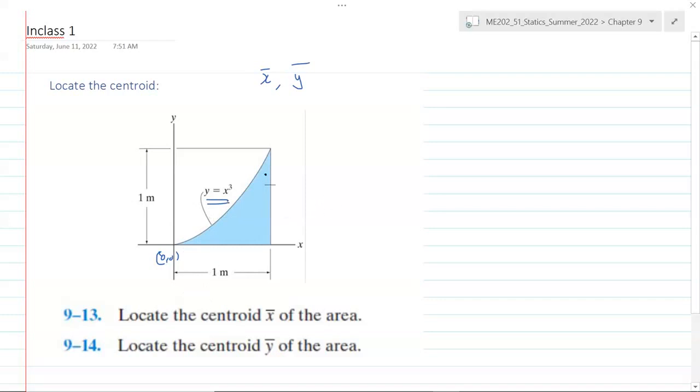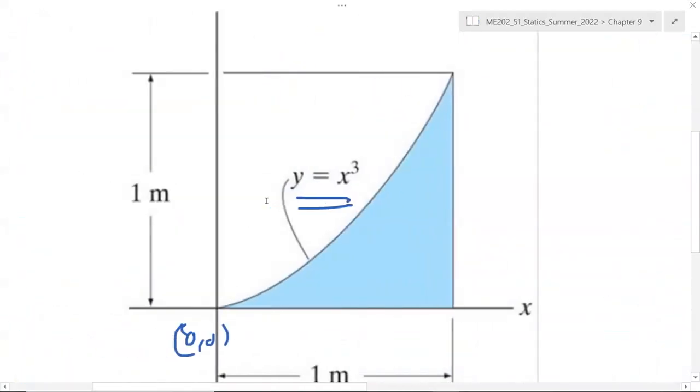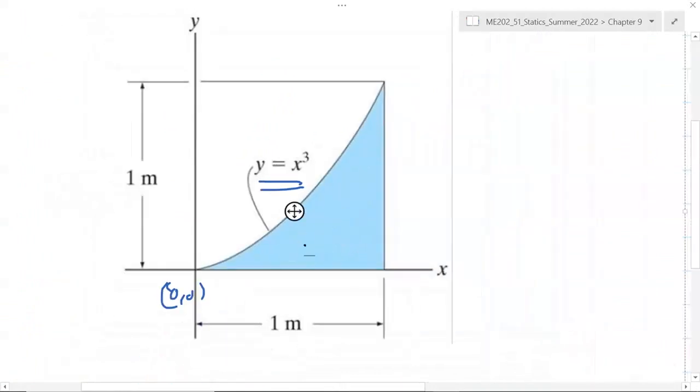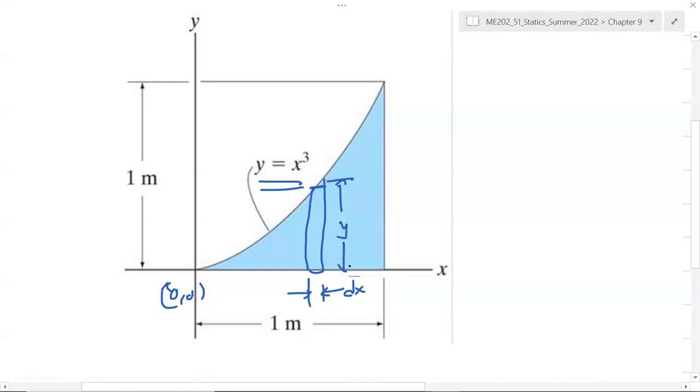So let's work on it. The first thing that we need to do is we consider a small elemental rectangular shape within the shape. So let's say for this small elemental rectangular shape, the width of that shape is dx, the height of the shape is y, so its area is y times dx, and its x centroid.